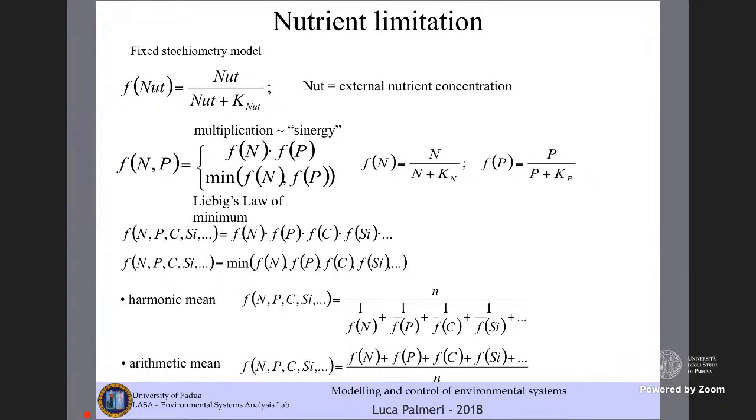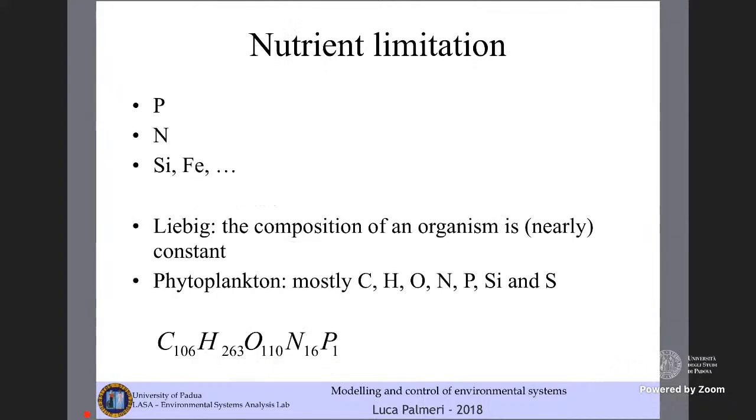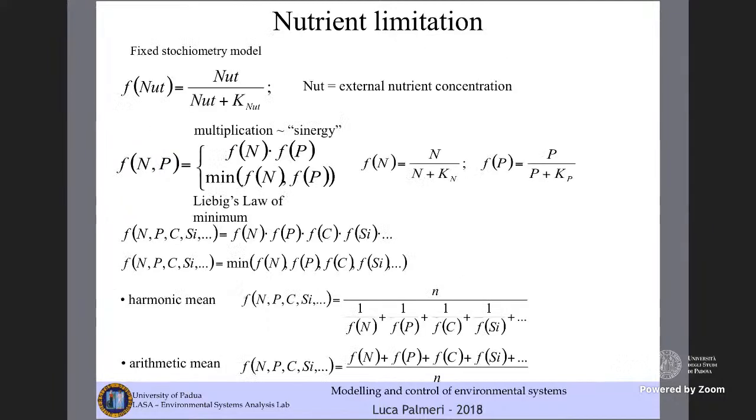By employing the fixed stoichiometry model, we may then try to describe the limiting effect by introducing a function that we have already seen several times, the Michaelis-Menten function.